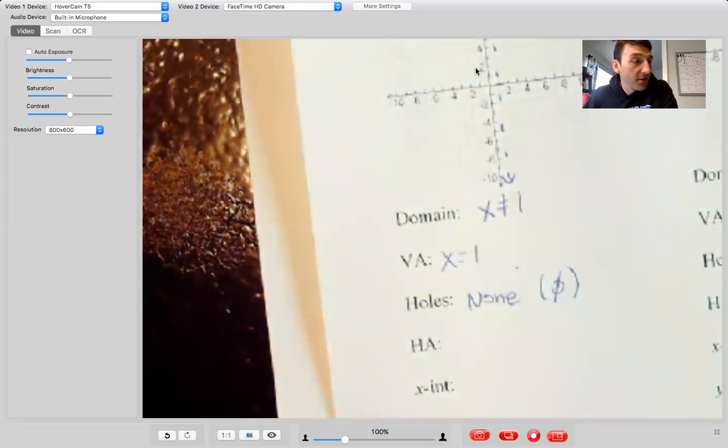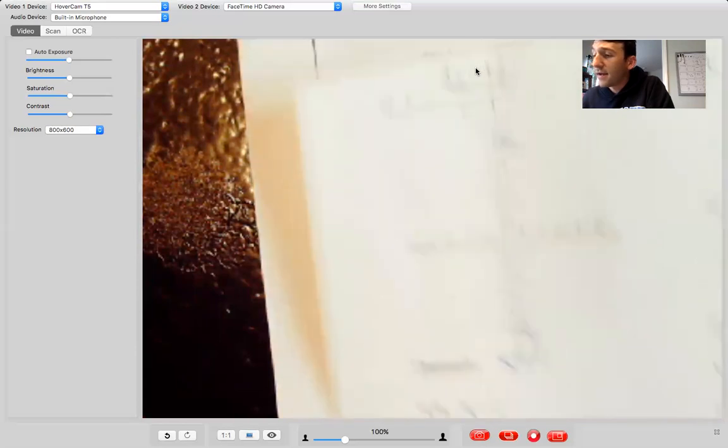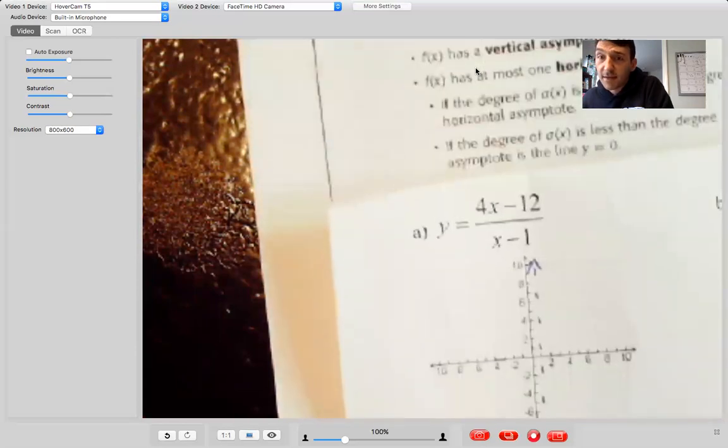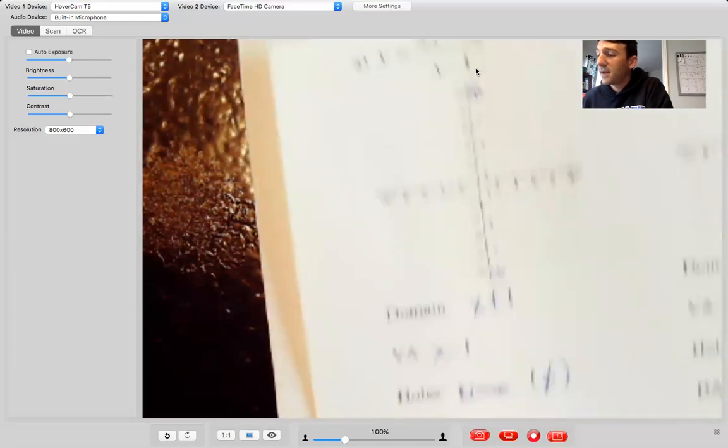Horizontal asymptote. So in this case, the degree of a of x is equal to the degree of b of x, first degree over first degree. So just like our last example before this one, we're going to do the lead coefficient of a of x, which is 4, over the lead coefficient of b of x, which is 1.